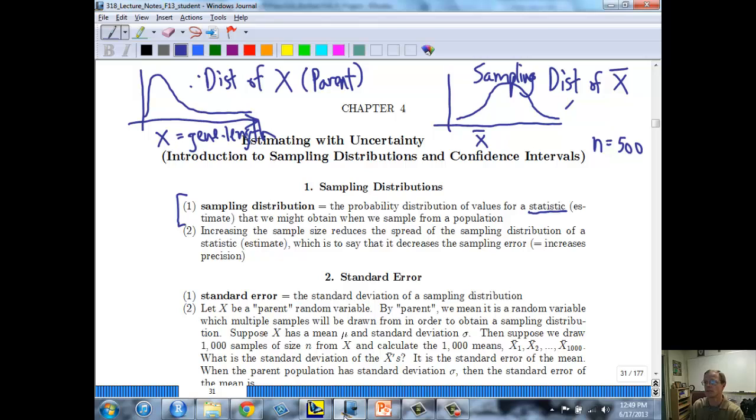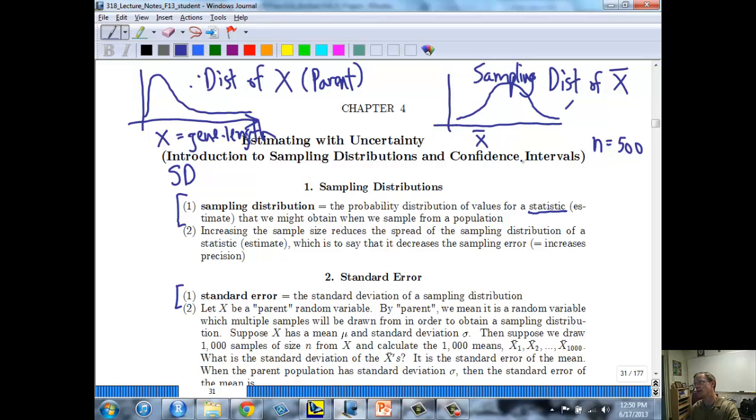Okay, let's take a look at this standard error notion. We have talked about standard deviation, and the standard deviation is the average distance from the mean. So for X, we have standard deviation, but for X bar, well, let's put it this way.